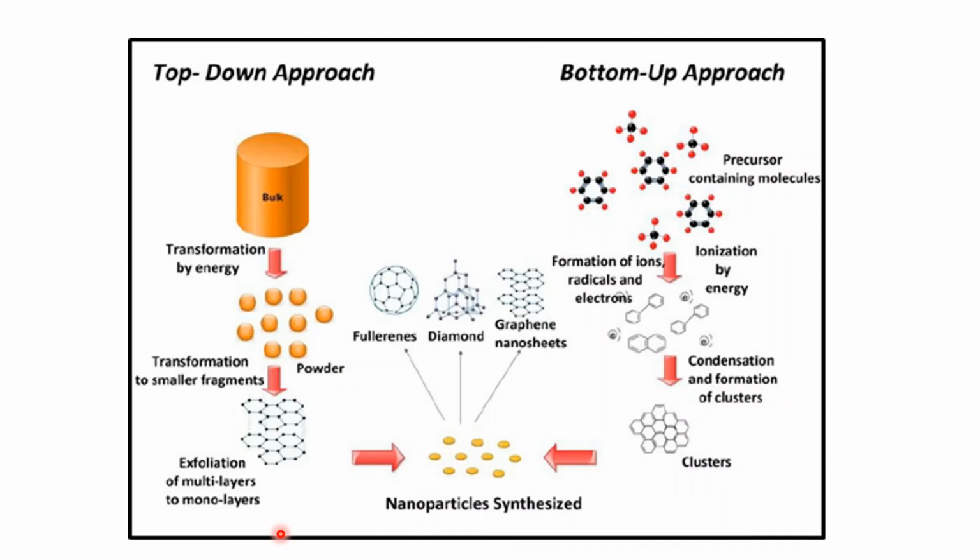While in the bottom up approach, you will start from the molecules or atomic levels, then by using different techniques or methods, you will condense these molecules into clusters, and from the clusters you will synthesize nanoparticles. So there are two approaches to reach these nanoparticles, either the top down approach or the bottom up approach.